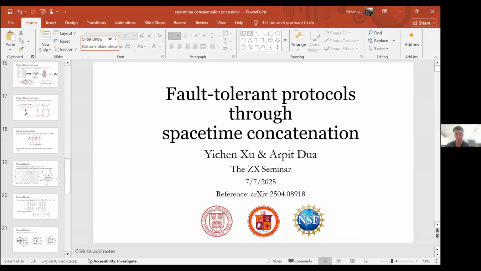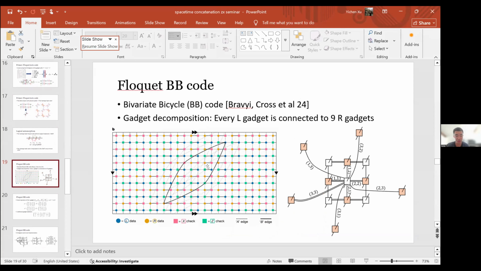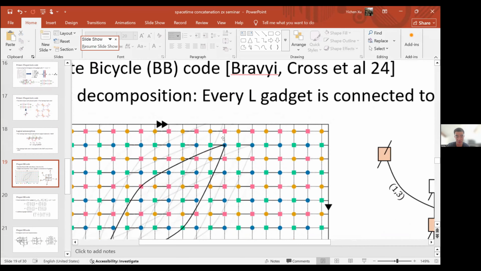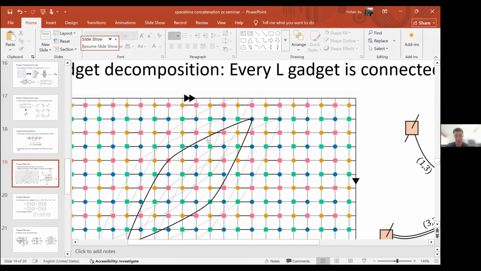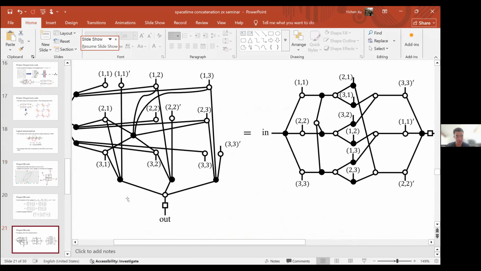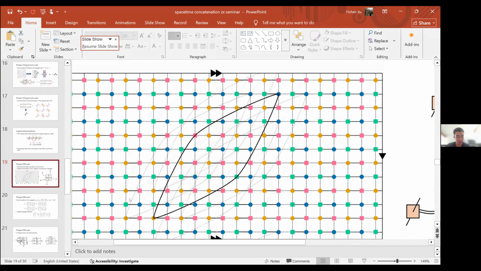If you zoom in, 3 3 is actually the connection between these 2 guys, because they share an X and Z stabilizer, right?